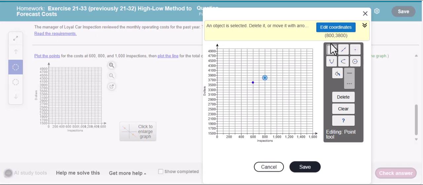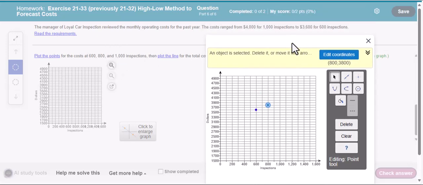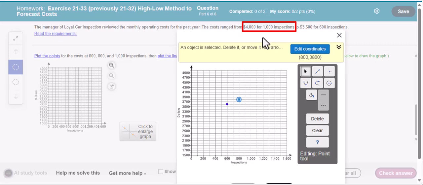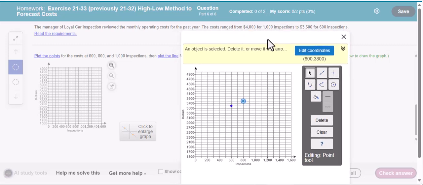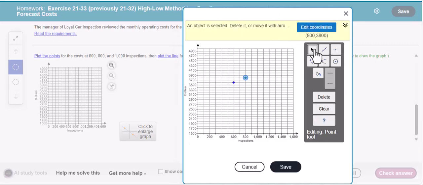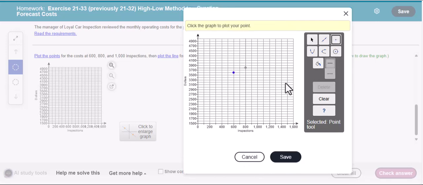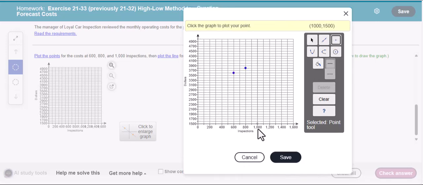And then we will get our last point in this 1,000 inspections. And again, if you didn't calculate it, it is up here, $4,000 for 1,000 inspections. And we can go ahead and enter there. So we've got 1,000 inspections up the y-axis here for 4,000.